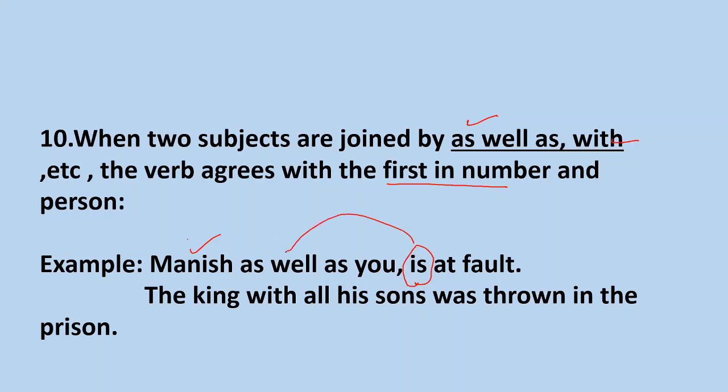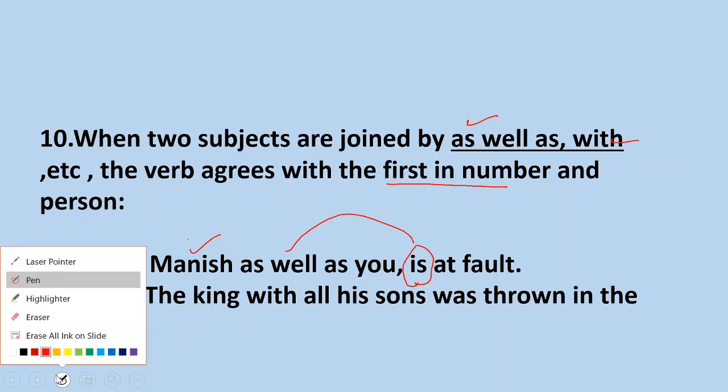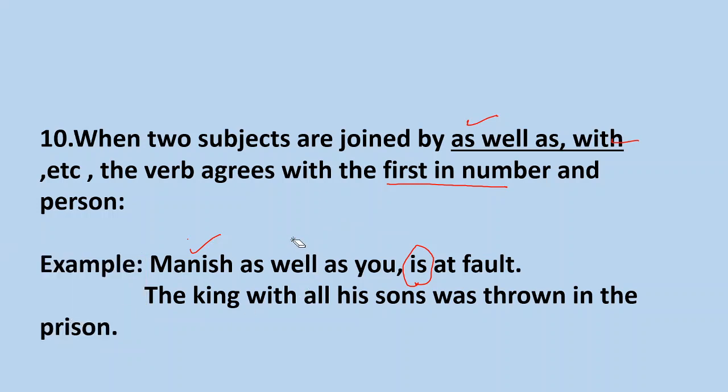This is going according to the first subject. So "is" is going with this subject. The king with all his sons. Now this is plural, but the verb will go according to the first. So these are a few rules. There are many more, but these are the most important and common ones.